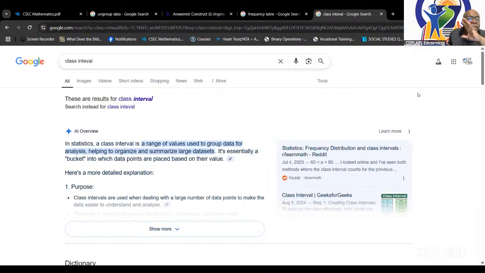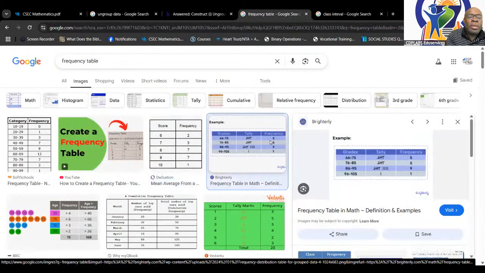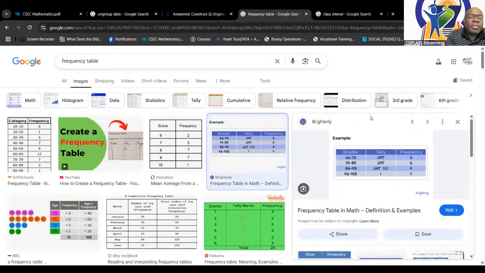It's a range of values. So, for example, here we have a frequency table that shows grades, tally, and frequency.